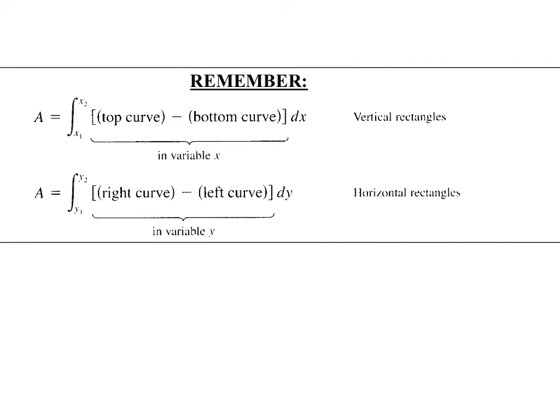So here's what we were dealing with already, the top curve minus the bottom curve. We have this function here, and if we're going from a to b, there's one function, and then let's say we've got this.